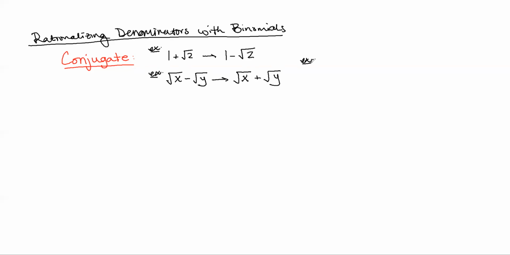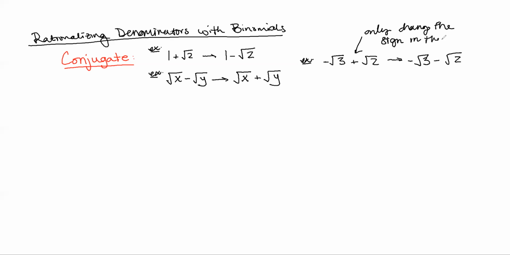And one last example, because this one sometimes throws people off. If we have negative square root of 3 plus the square root of 2, we're still only changing the sign in the middle. So this is going to become negative square root of 3 minus the square root of 2. So only change the sign in the middle.